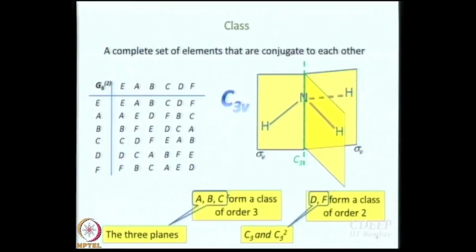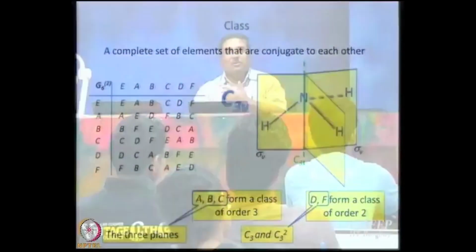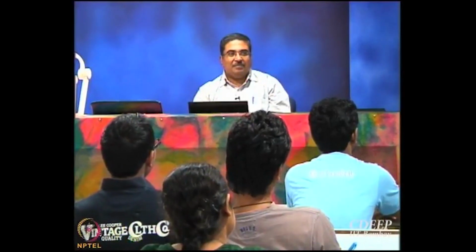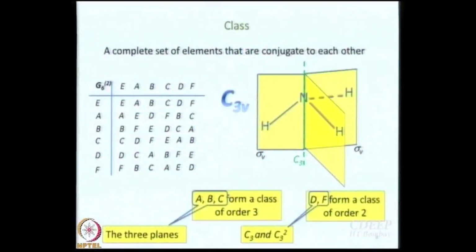So, what does this mean? It means that if you take the reflection operation of any plane and perform a similarity transformation, what should you get? Let us say the planes are A, B, C, right. So, if you take A and perform a similarity transformation using the other planes or using C3 or C3 square operation or using identity, what should you get?